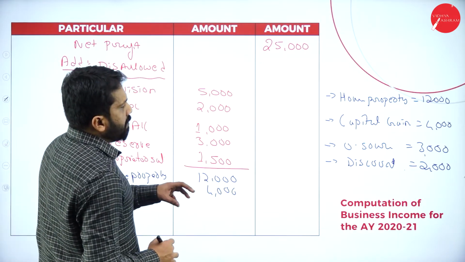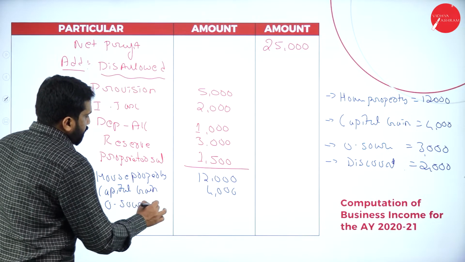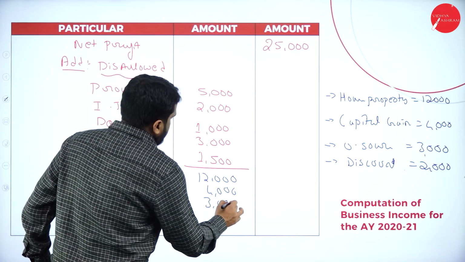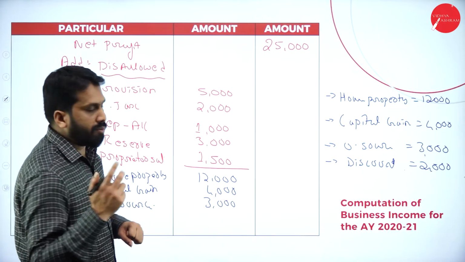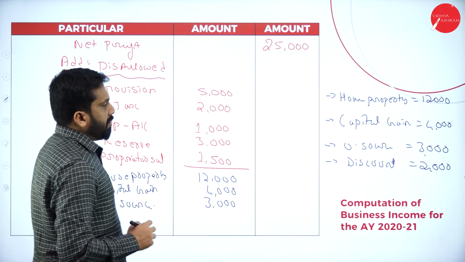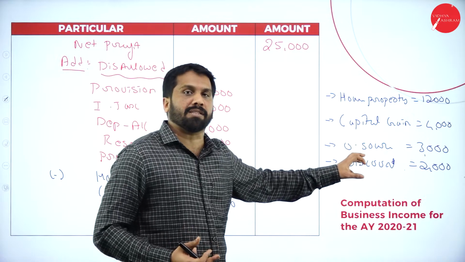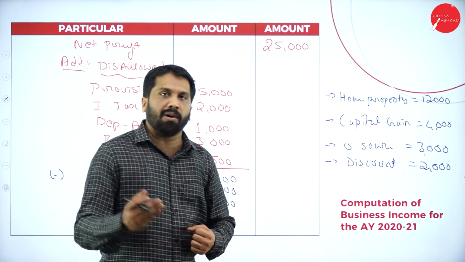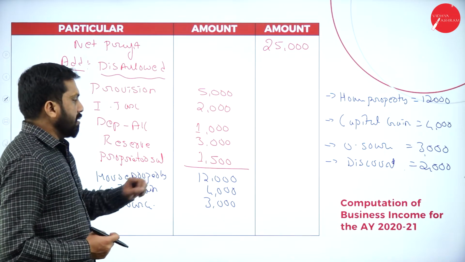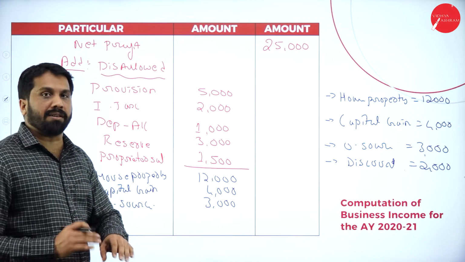Then you have other source 3,000. Then you have discount worth rupees 2,000. Discount, remember, it is a part of the business. If you want to sell your goods, you have to give discount. If you want to purchase goods, you will ask for discount. All this comes under your business related. These 3 are non-related to business.